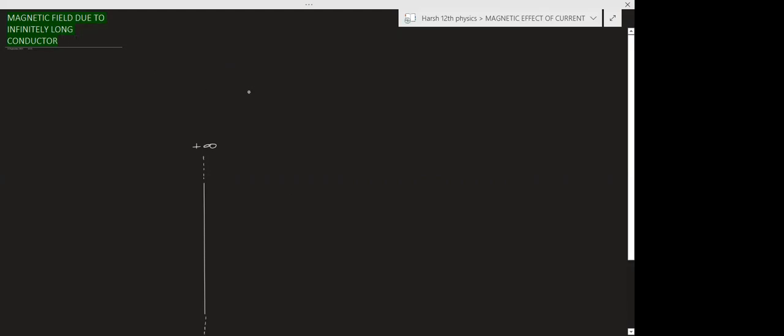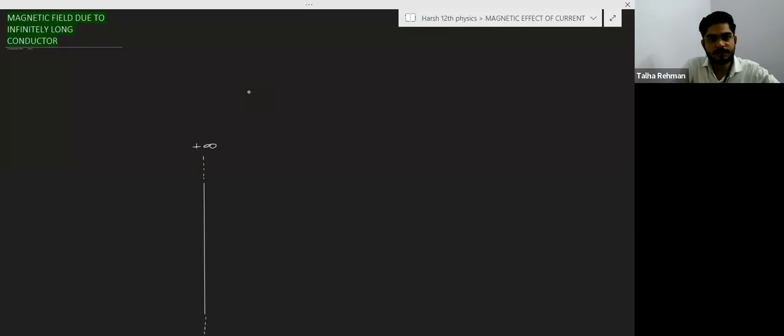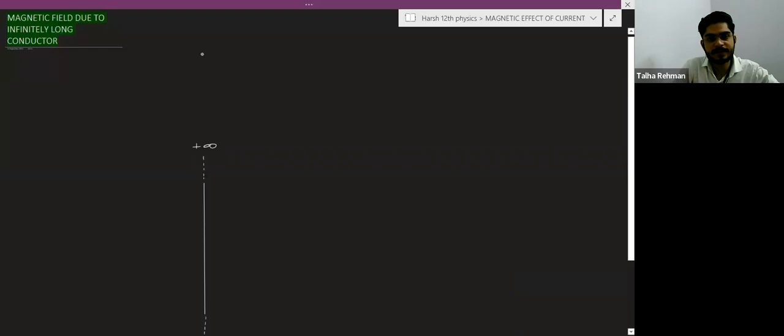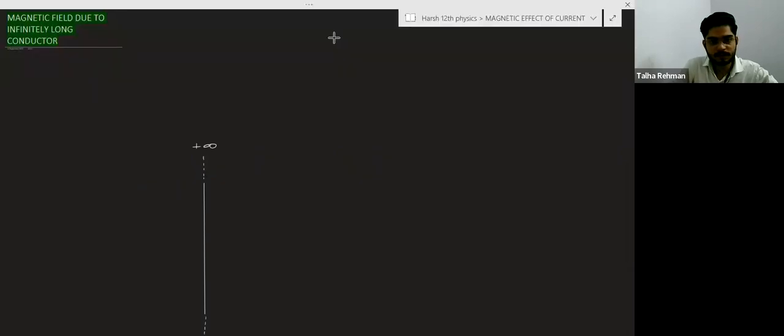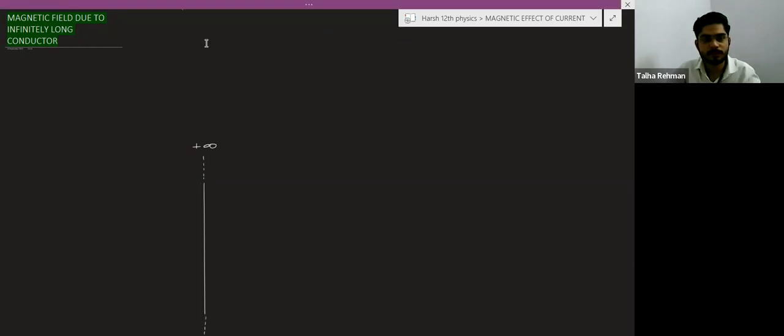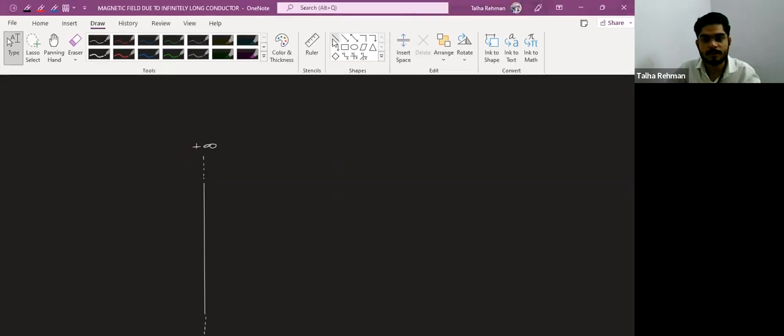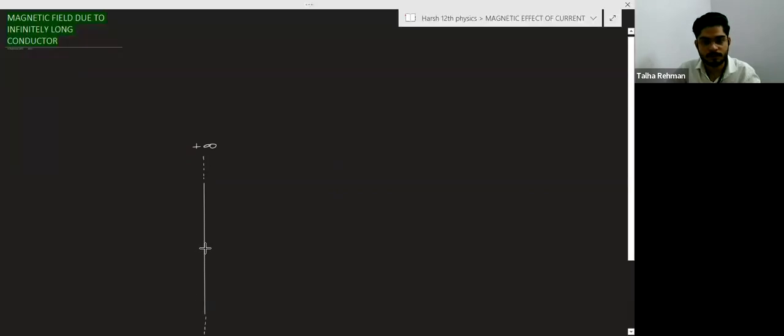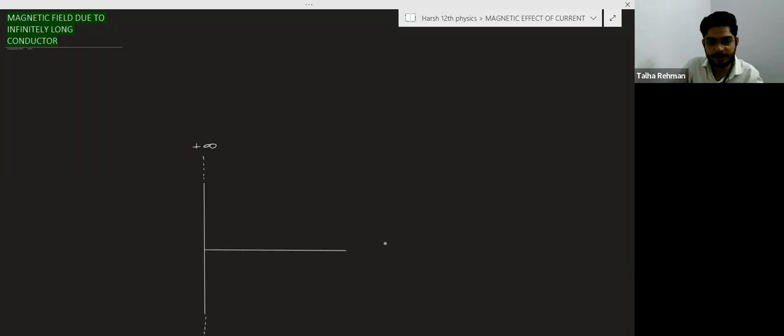And I want to find the magnetic field due to this wire at this point. Suppose this is a point P, at a distance A, and this A is a perpendicular distance.